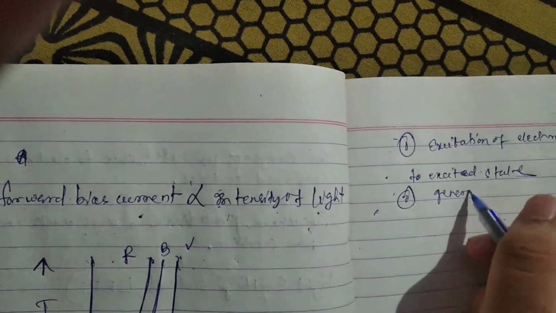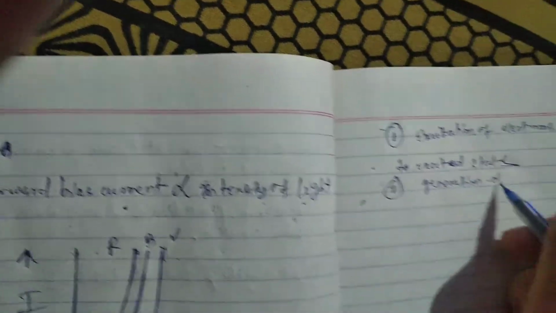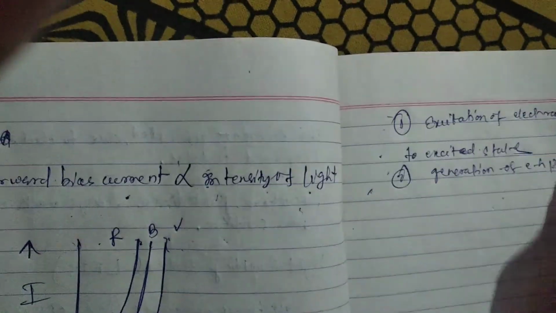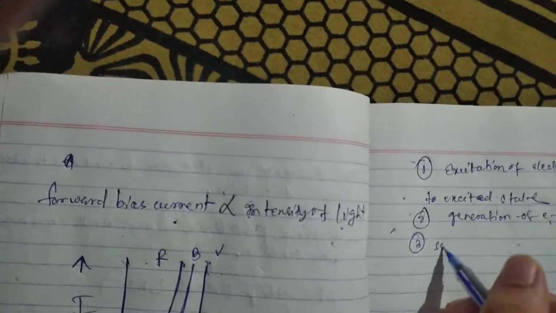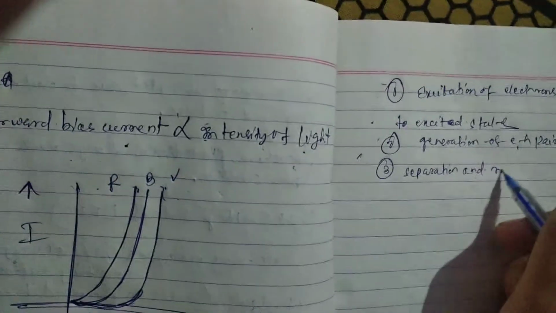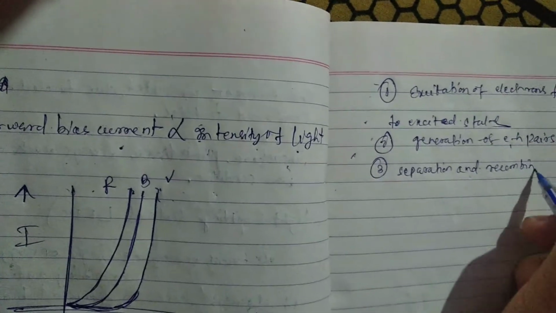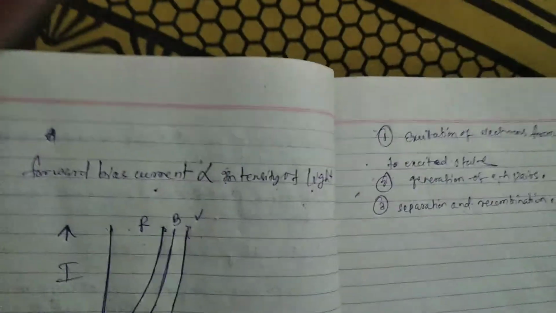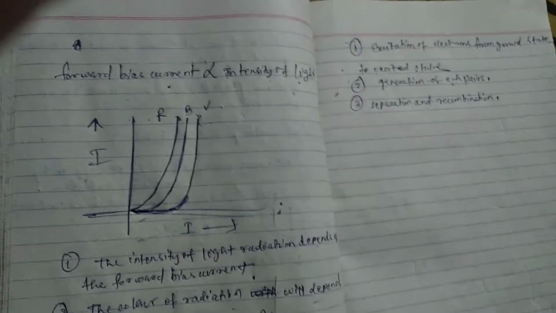Then happens generation of electron hole pair. After generation of electron hole pairs, there will be separation and recombination.